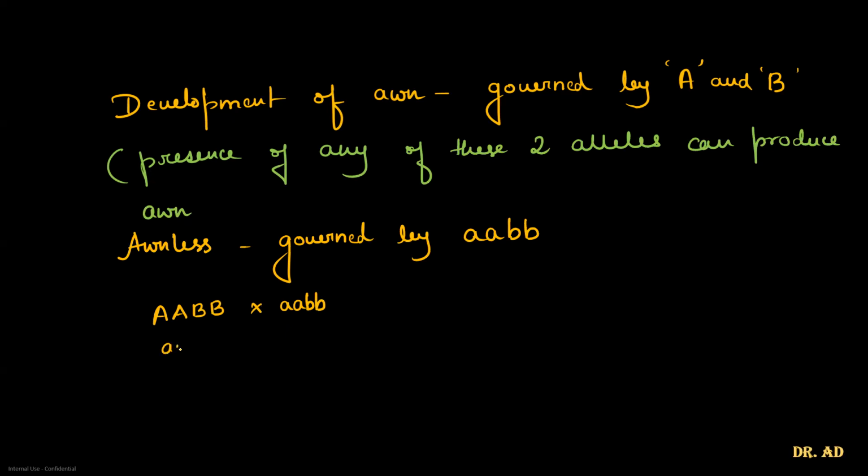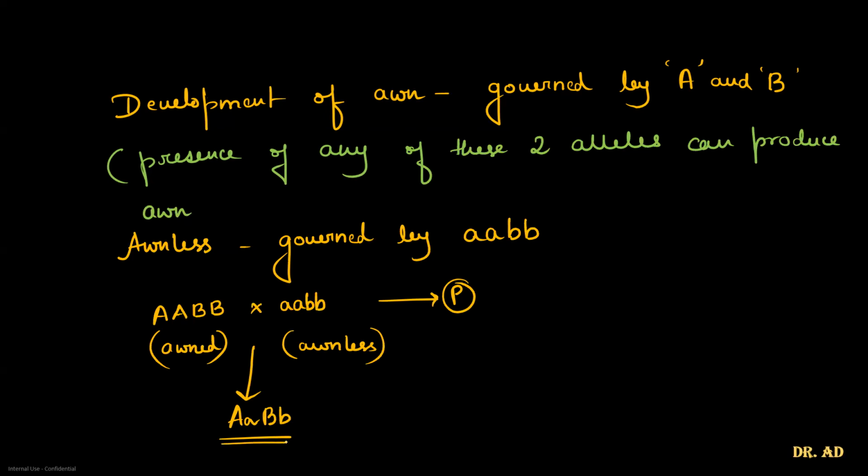This is "on" rice. This is "onless". Okay. This is the parental generation. In F1, what do you get? This is what you get in F1.